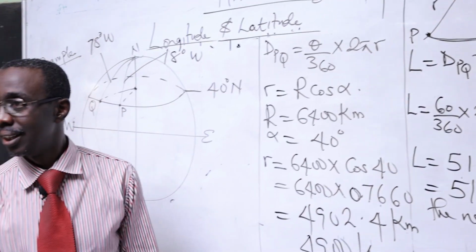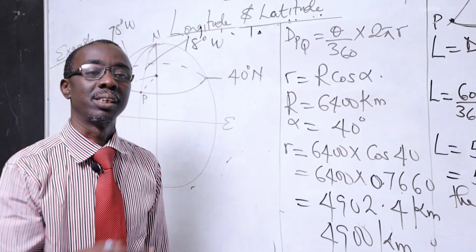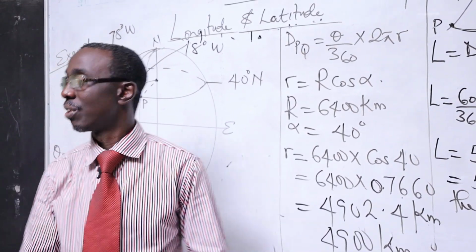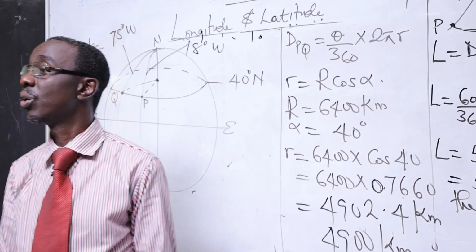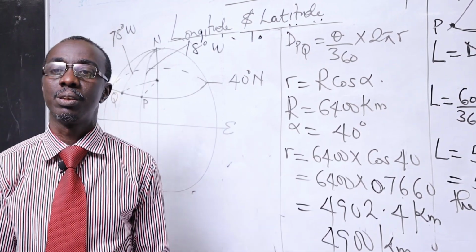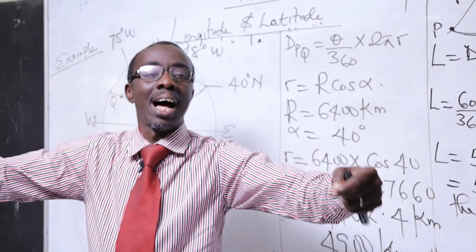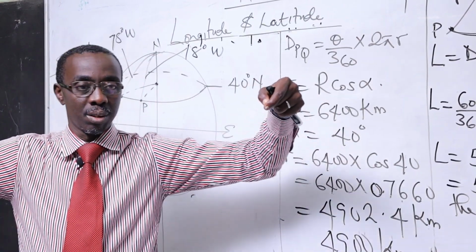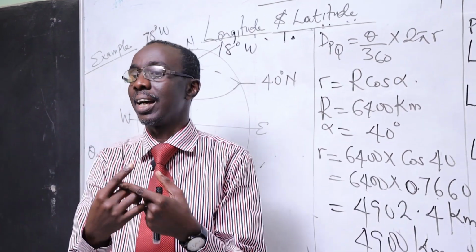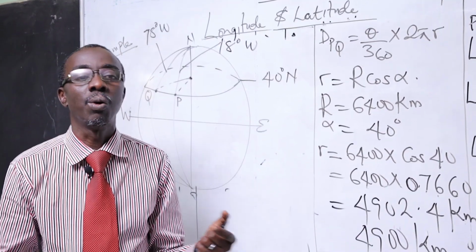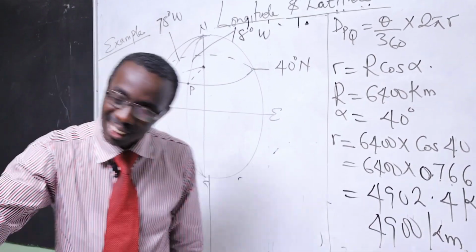An arc. An arc is what? A part of a circle. Yes or no? Yes, so it is like you are taking 2 points out on a circle. Obviously, that is an arc. But a chord is what? It's a straight line.